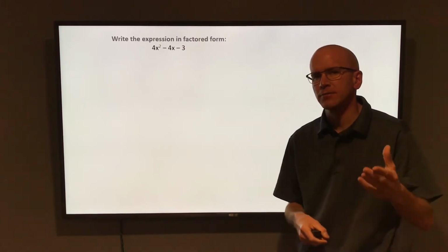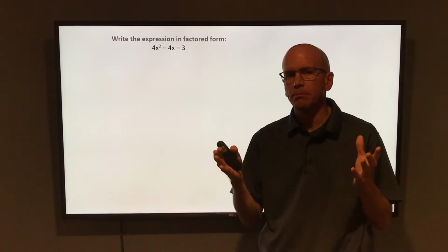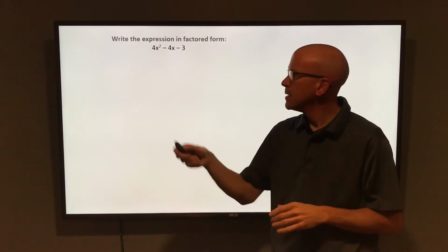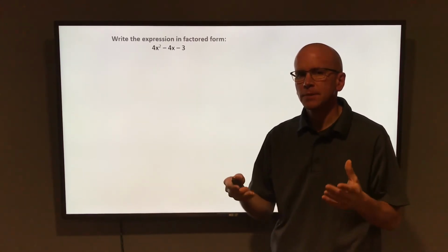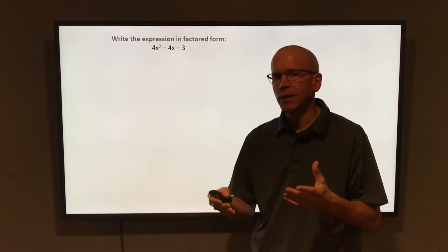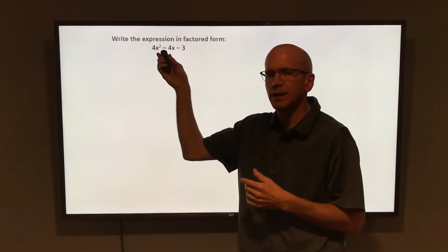So think of factors of 12. You have 12 and 1, 6 and 2, 4 and 3. Which of those can you possibly put together with a negative sign involved, add together to make it negative 4? Once again, 12 and 1, 6 and 2, 4 and 3. Well, the 6 and the 2. And then you have to decide which one's positive, which one's negative, so that when you add those together, you get a negative 4.